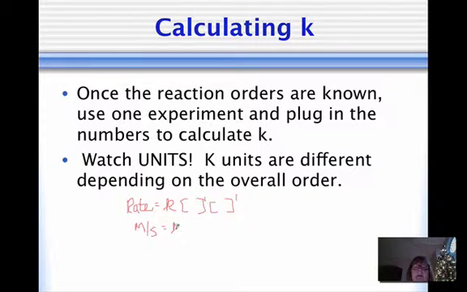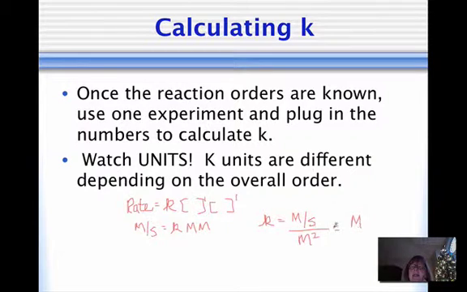All right, it's equal to K, and then a molar times a molar. So when it's an overall second order reaction, the unit for K is going to be molars per second divided by molars squared. So what in the world is that going to be?